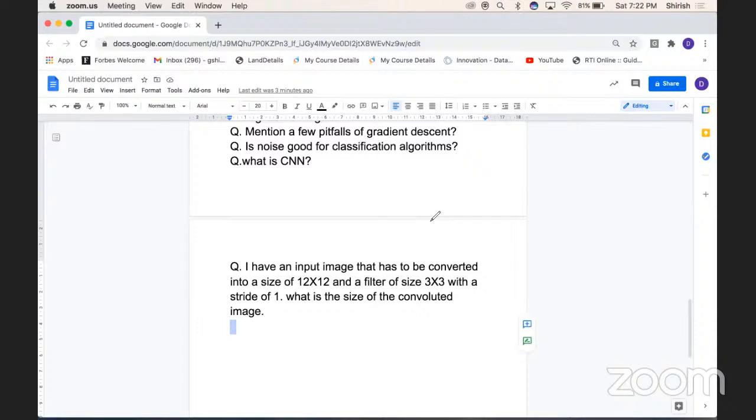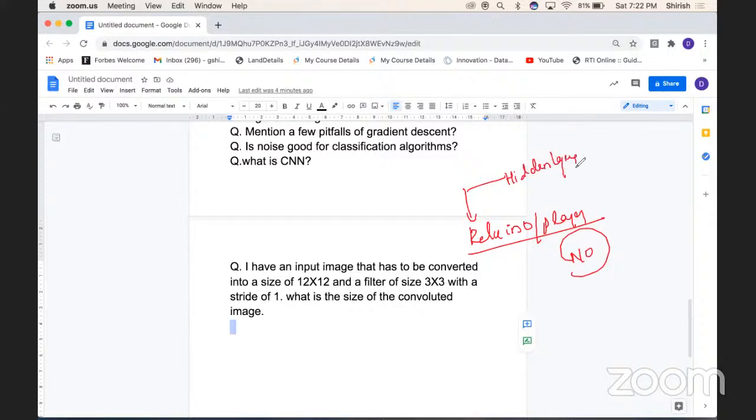Can we use that in output? Can I use the ReLU function in the output layer? No, we use this in hidden layers only, right? We use this in hidden layers only. Why? What is the reason behind that?